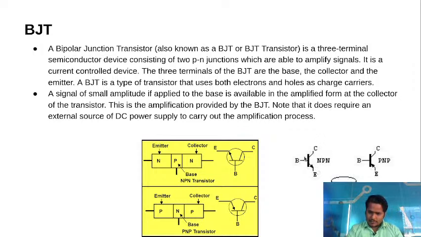In NPN, current flows from collector to emitter, and in PNP it's opposite: current flows from emitter to collector. E means emitter, the middle one is base and the upper one is collector. In PNP also you can see emitter, base and collector. So by seeing the arrow, you can differentiate between the PNP and NPN symbols. Okay, moving on.